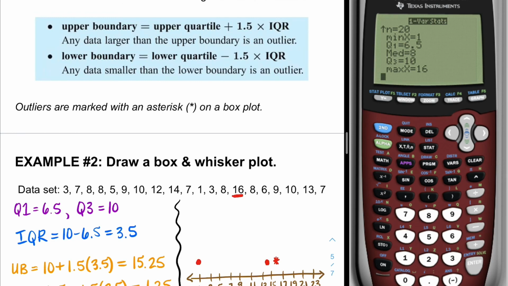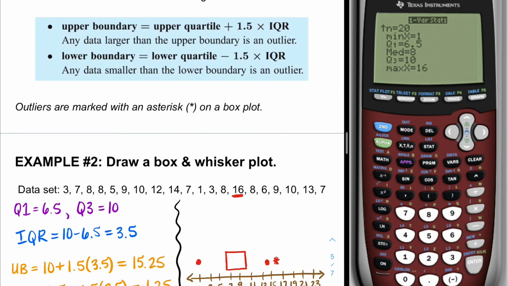And then I can put in my Q1 and my Q3. My Q1 is 6.5, so that's going to be somewhere here. Remember, I'm doing this by hand, so I'm just estimating. My Q3 is 10, which is somewhere directly in the middle here. And my Q2, which is my median, is 8, which is going to be somewhere here.